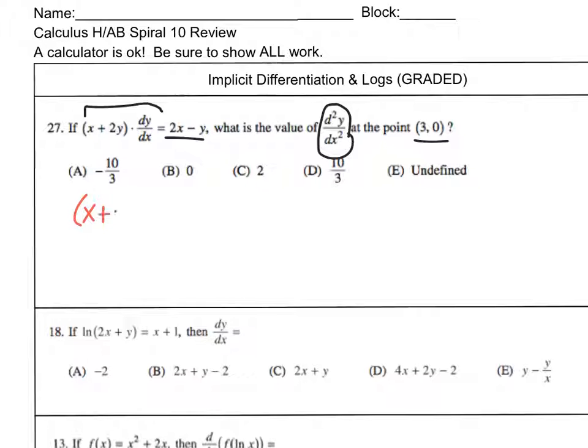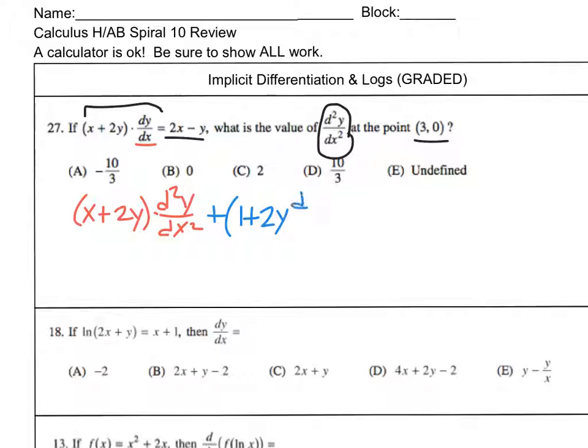So x plus 2y times the derivative of the second. The derivative of the first derivative would be the second derivative, which we write as d squared y over dx squared. You could also write that as y double prime. And then that's going to be plus the derivative of the first, so 1 plus 2 dy/dx.